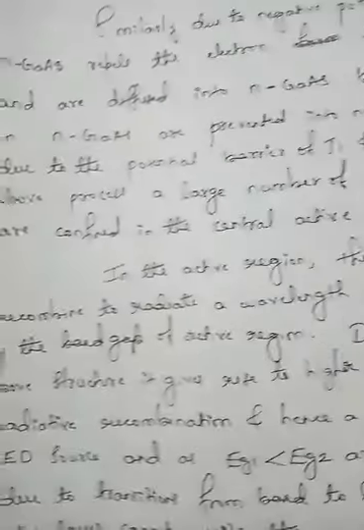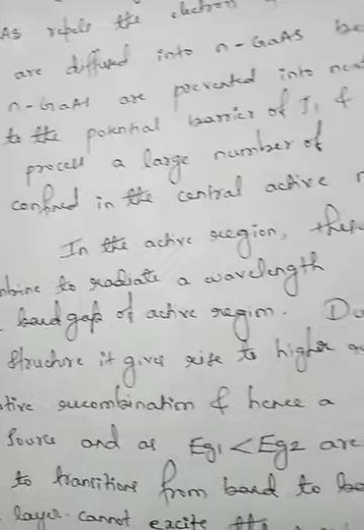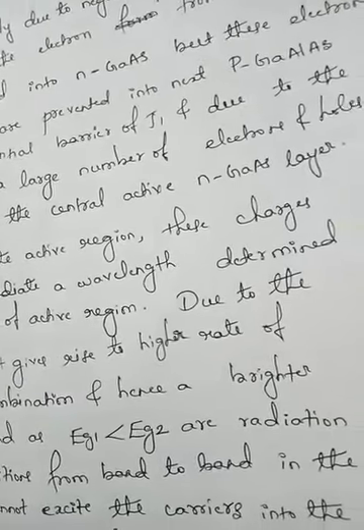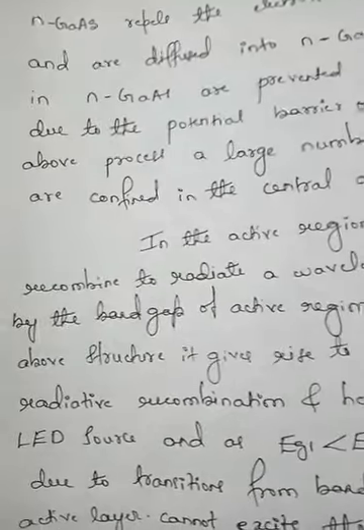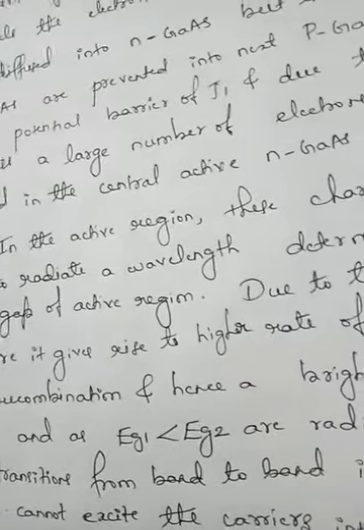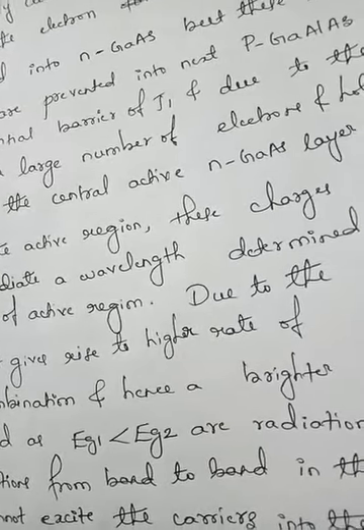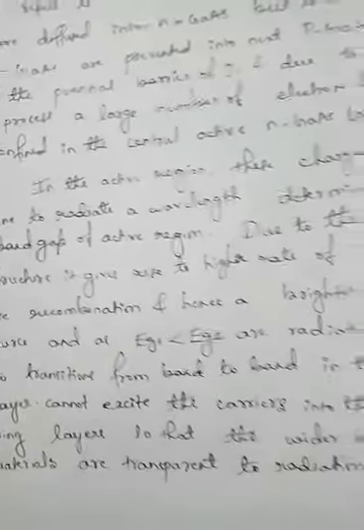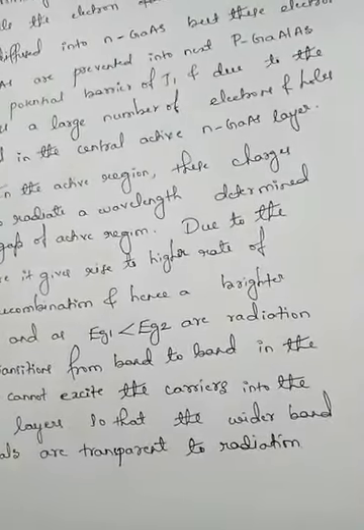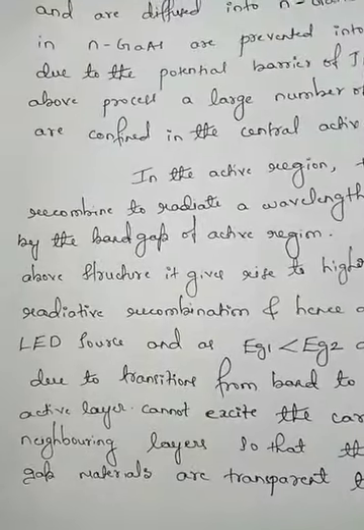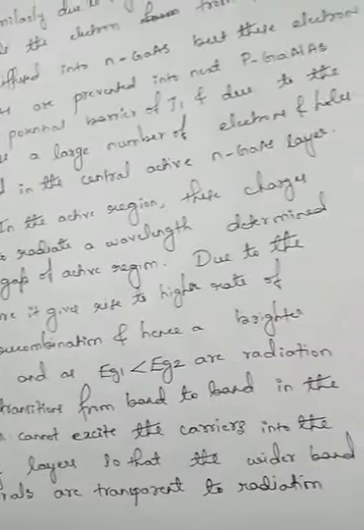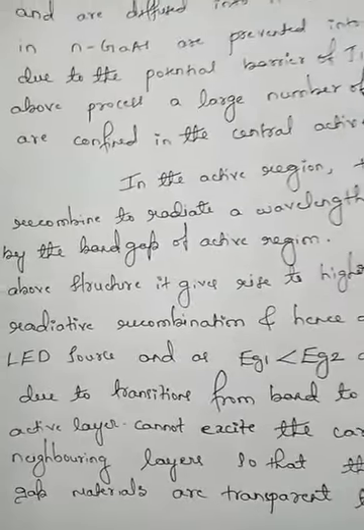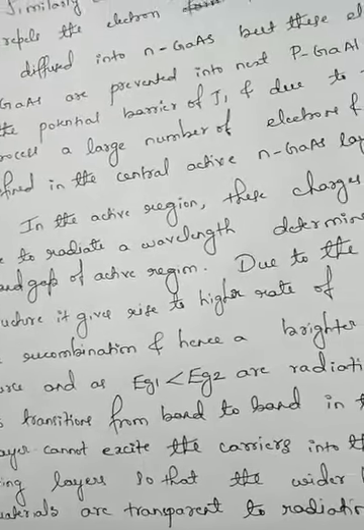Due to the above process, a large number of electrons and holes are confined in the central active layer, that is N GaAs. In the active region, the charges recombine to radiate a wavelength determined by the band gap of the active region.